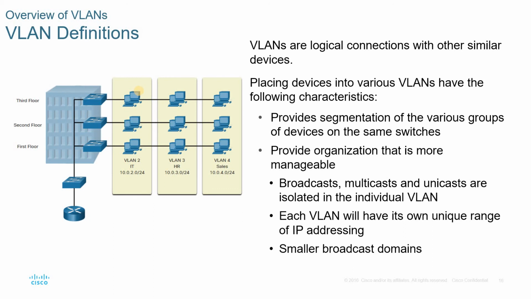Now, the concept of VLAN is that when you implement VLAN on a switch, you are creating what we call segmentation. We create a grouping of hosts or devices that are connected on the same switch, but they are logically separated.